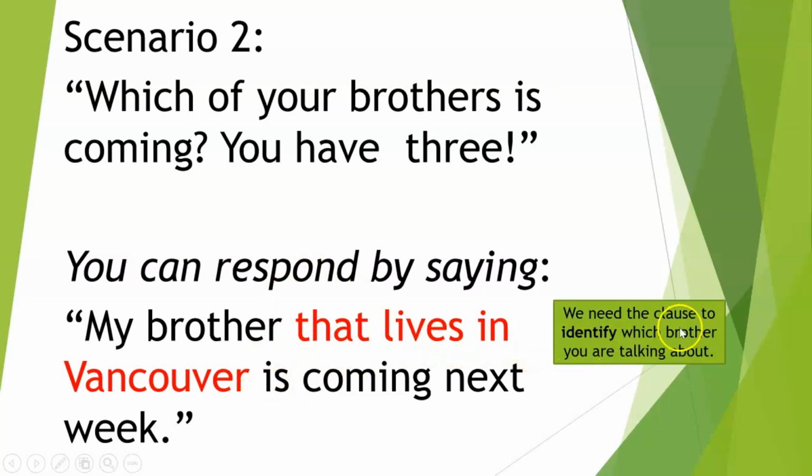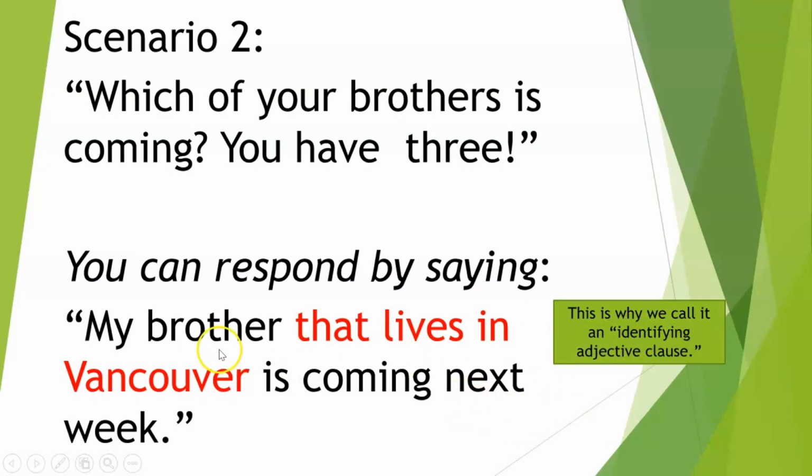We need the clause to identify which brother you are talking about. So if you simply say, "My brother is coming next week," no. You have three brothers. You need to say, "My brother that lives in Vancouver is coming next week."